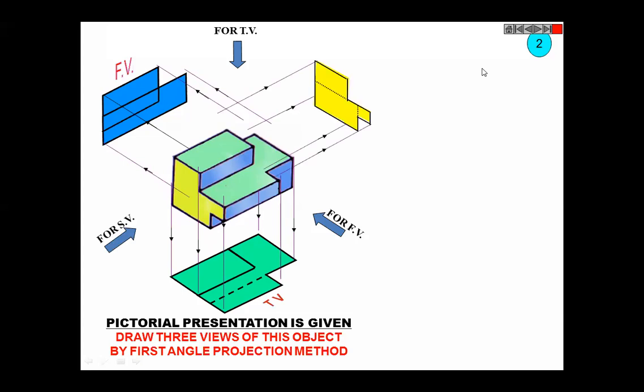See, this hidden line is for this edge, which will go like this. We are having this object like this. Understand? We'll have this object like this.